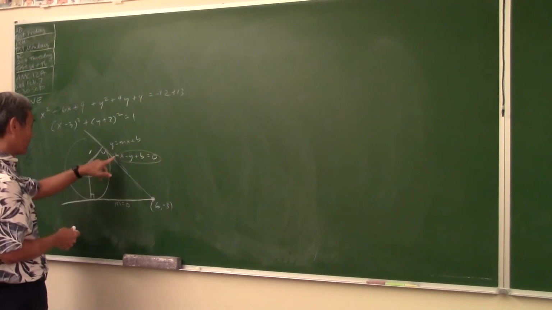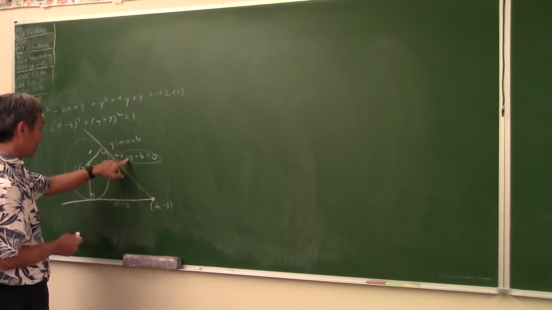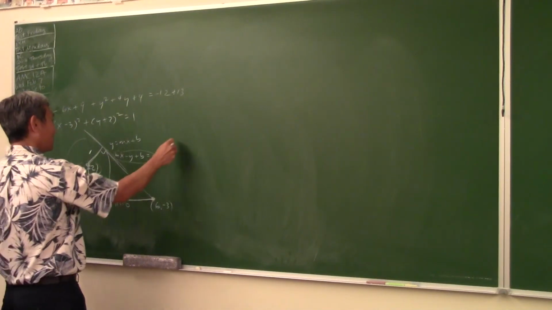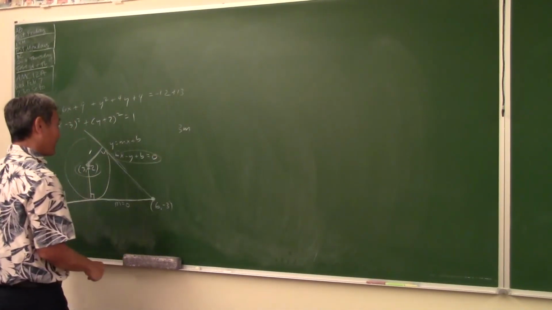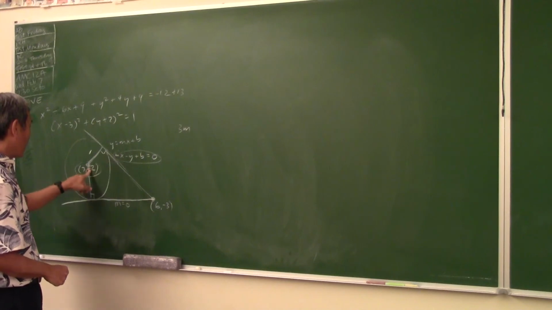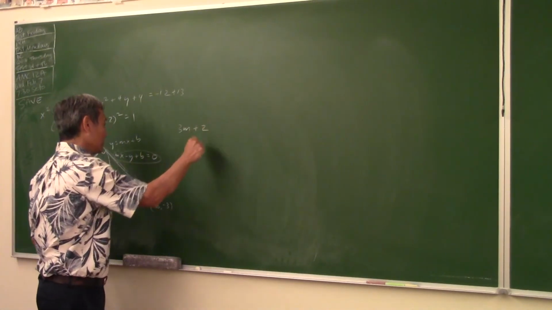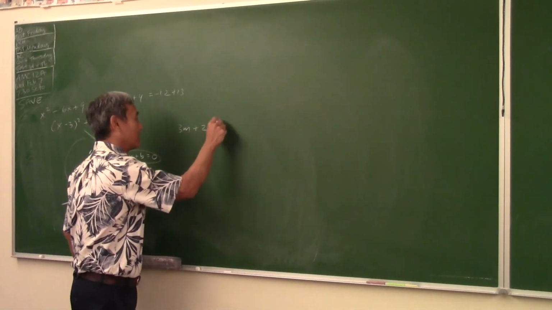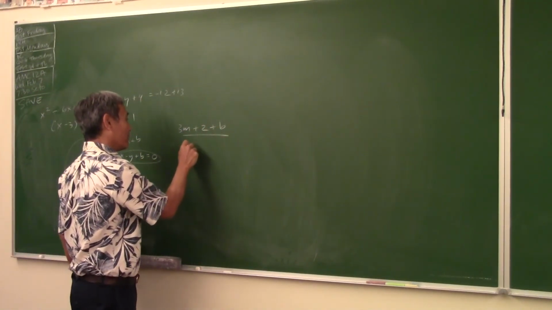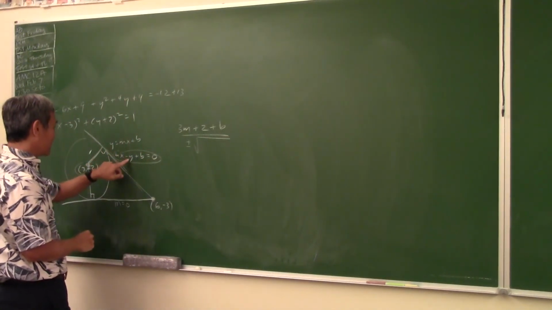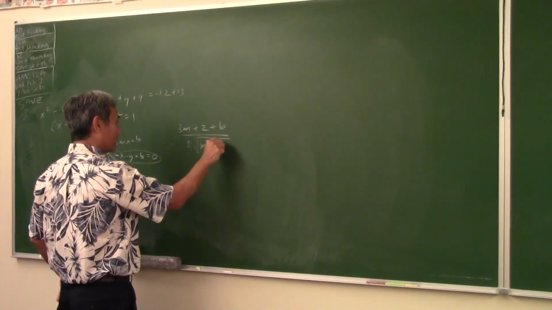So how does it work? This is A, B is -1, and that's the C. So A, x1, so 3m, plus B, y1, so -1 times -2, plus 2, plus C, all over plus or minus the square root of A squared plus B squared, so m squared plus 1.